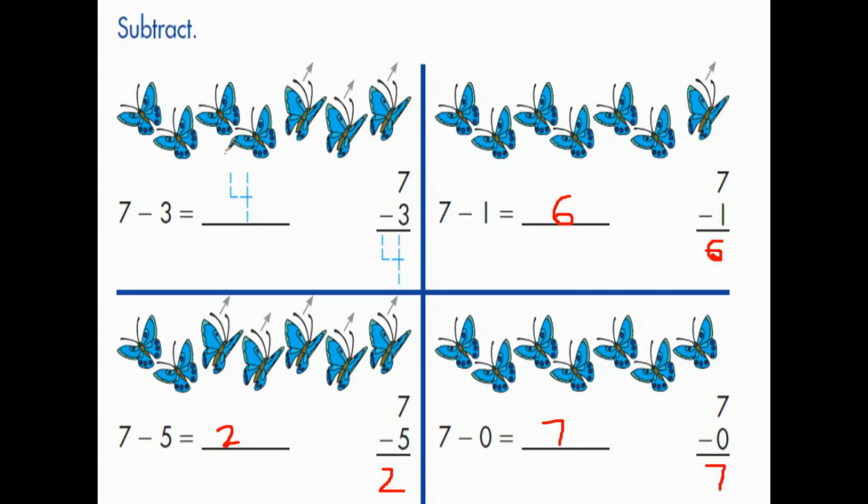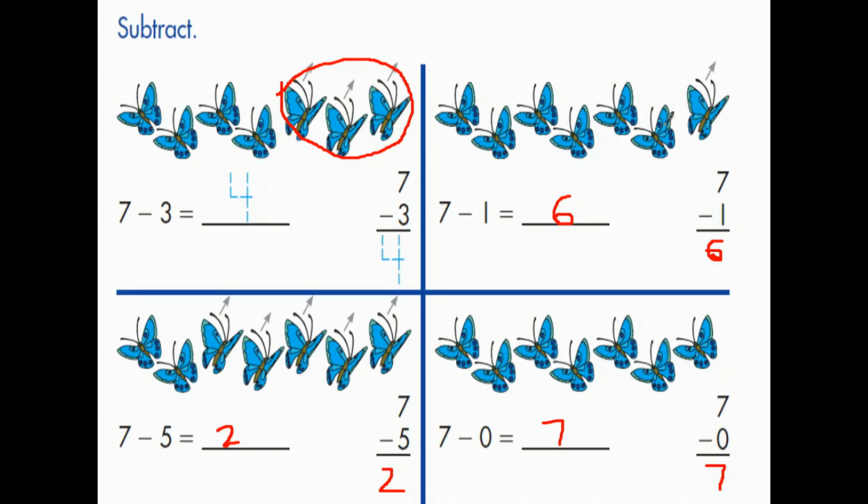Here I can show you another way of subtracting. There were 7. Now if you cancel 3, or if you take 3 out of 7, or if 3 butterflies flew away, how many are left? 4.